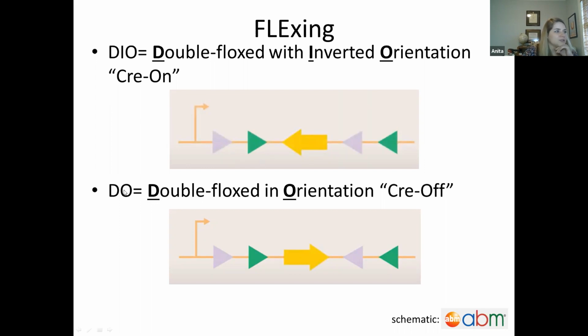Almost nobody uses the term DO, but you do have these where you get it off. It will turn your gene off. Here, instead of having your gene flip the wrong way, it's flipped the correct way, and then it flips the wrong way when you have recombination. These were borrowed from this website.